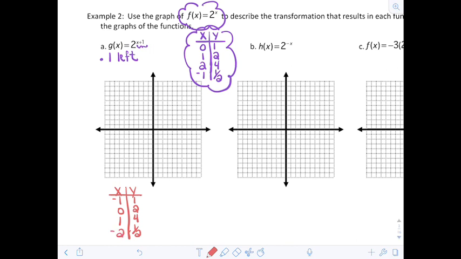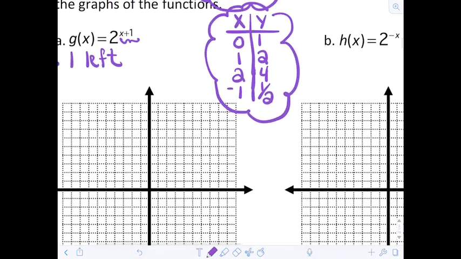Okay, so if I graph my parent function, and I'm going to just do that with a dotted line, I have 0, 1, 1, 2, 2, 4, negative 1, 1/2. So this is the parent function, 2 to the x.